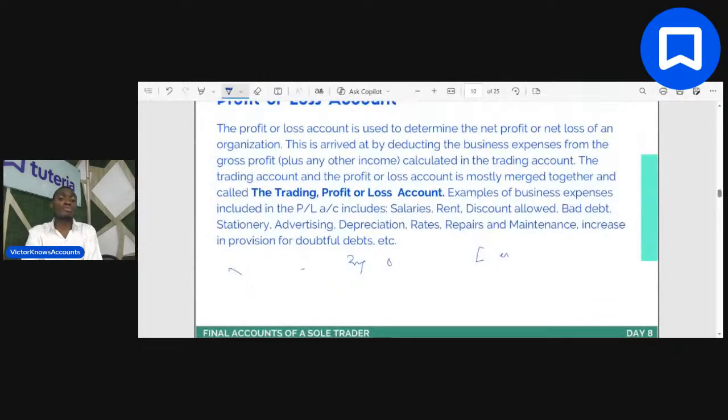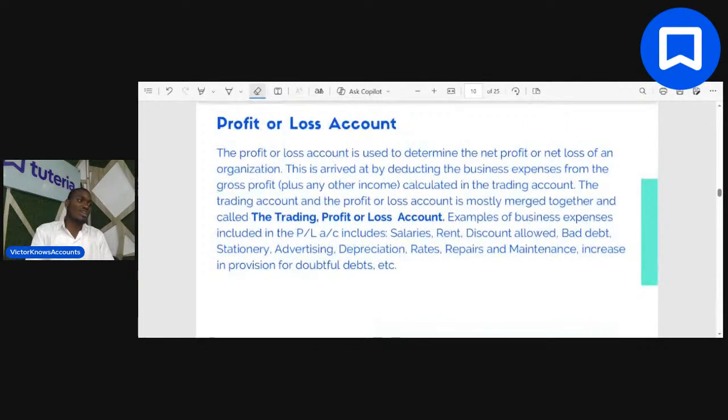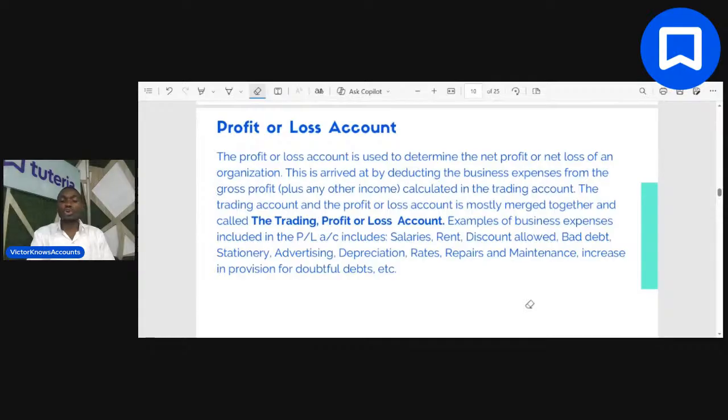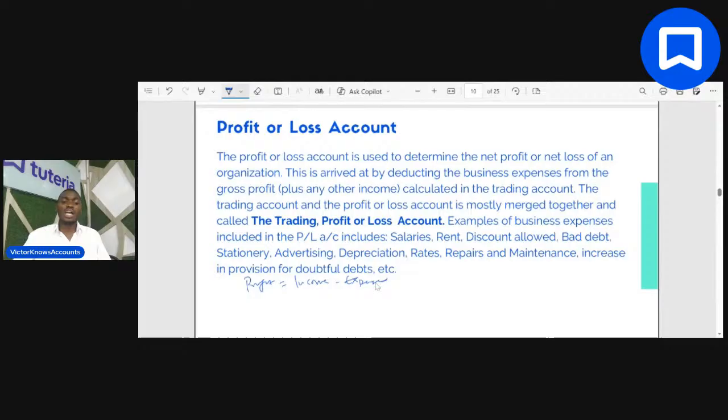Now let's move on to the profit or loss account. The profit or loss account is used to determine the net profit or net loss of an organization. Now don't forget, profit equals income minus expenses, and you only have profit when income is greater than expenses.